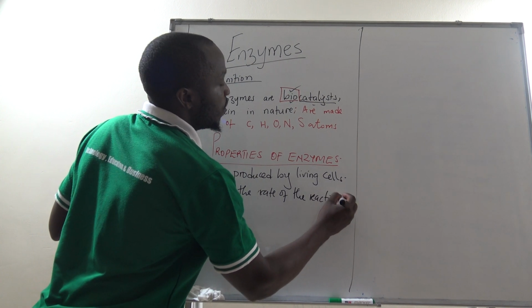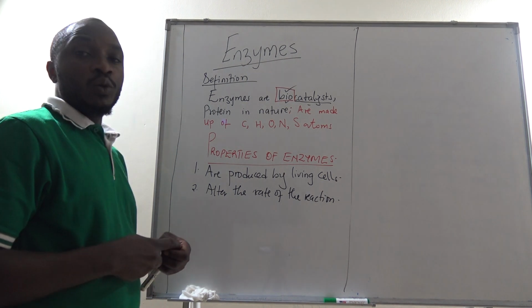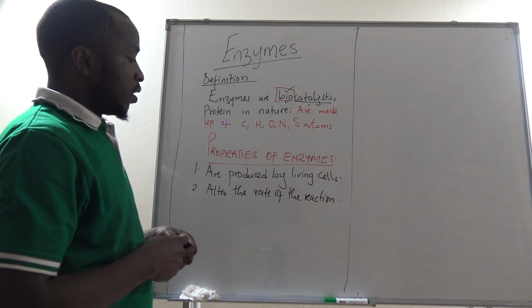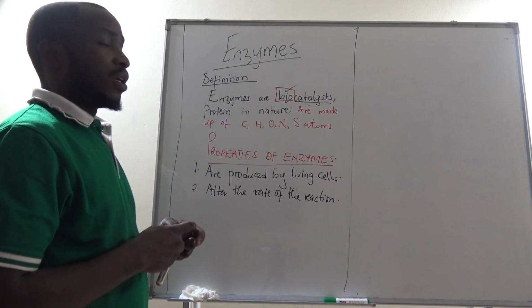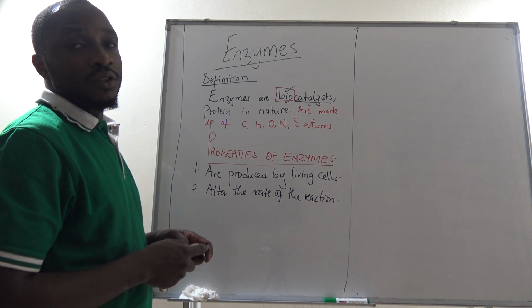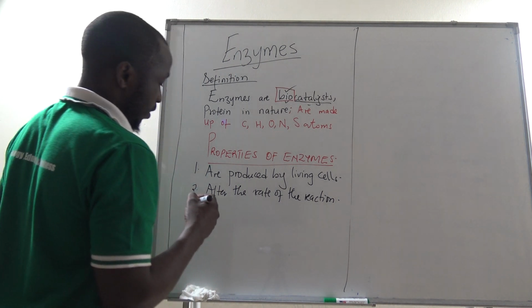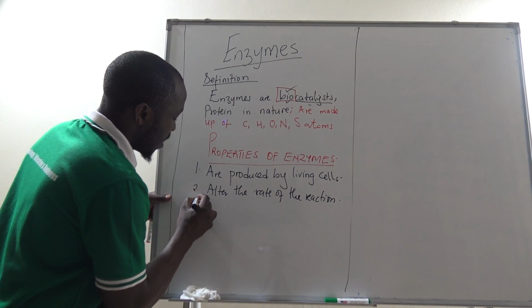That would be the definition of a catalyst, that all catalysts alter the rate at which chemical reactions occur, either by speeding up chemical reactions or by reducing the rate of a chemical reaction.